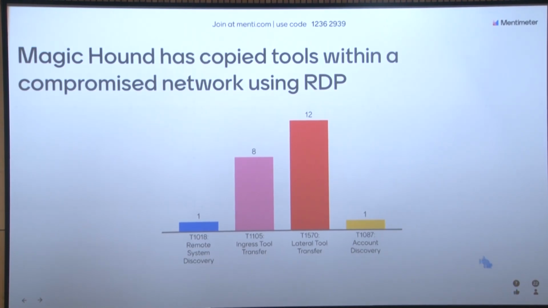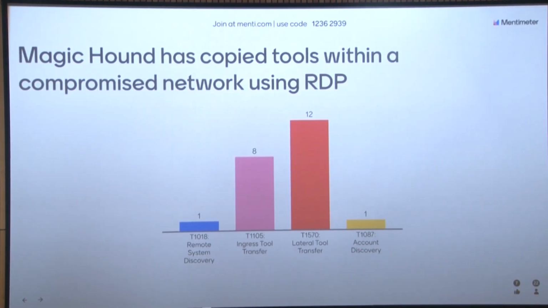Okay. So, just now I explained that ingress tool transfer is a behavior in which attackers download or capture subsequent malware from the C2 server. But as your friend said, you can see here that the tools have been copied within the compromised network infrastructure, within the victim system.